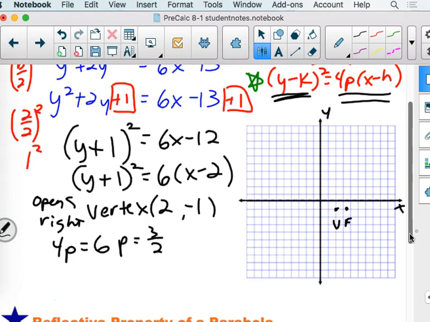And I realize that would be adding to the x. So I've got 2 plus 1 1/2. And that would give me 3 1/2, but we probably better make it an improper fraction. So 3 1/2 would be the proper fraction. There's our focus.